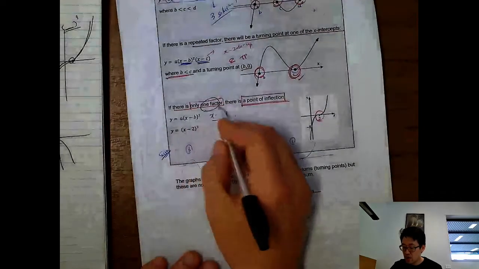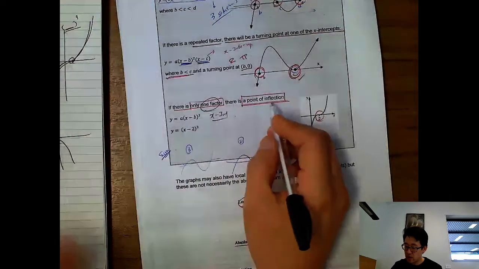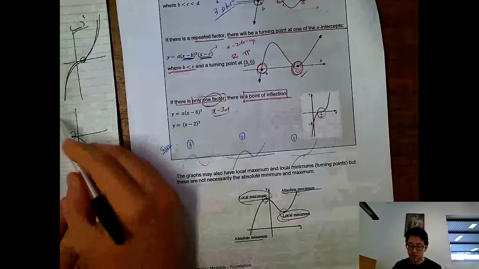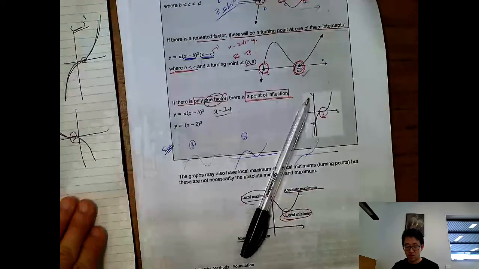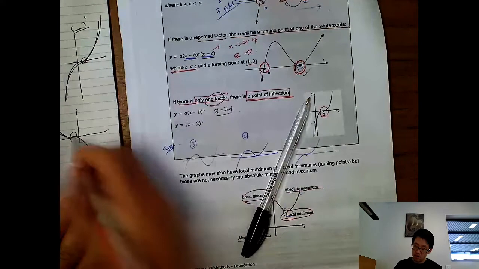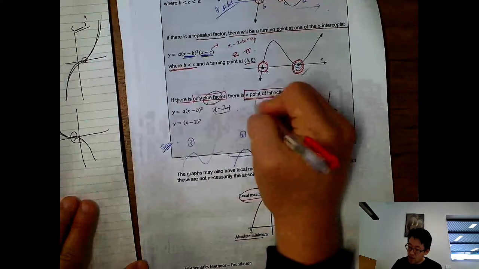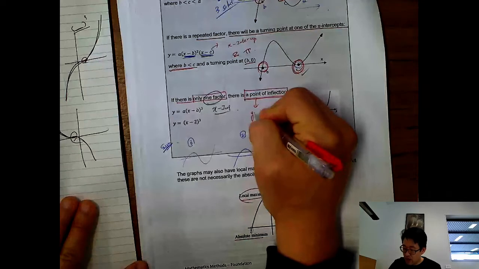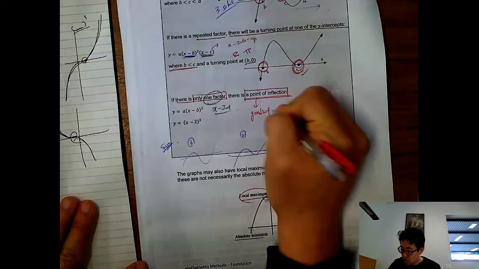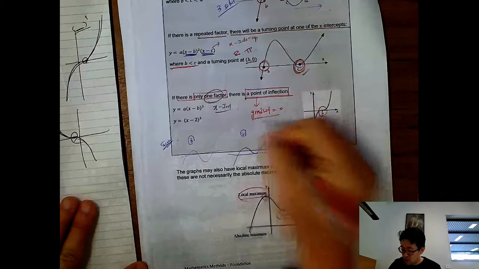If there is only one factor, there is a point of inflection because of the shape. We have that one point, a point of inflection, where the gradient equals 0, the flat point here.